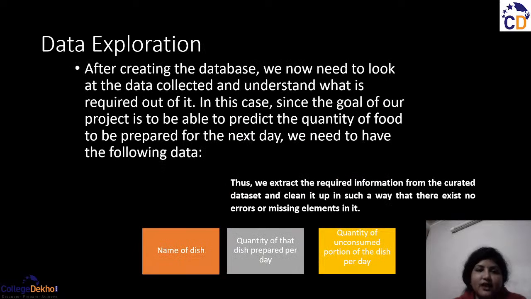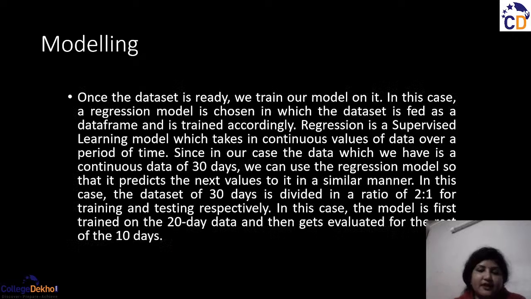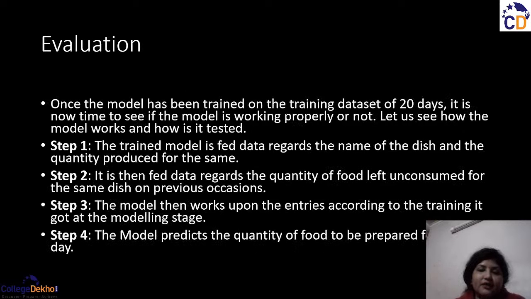After this, we have exploration, in which we basically clean the data and visualize that data. Once we have visualized the data, we apply the modeling techniques for training the model. Once we train the model, we evaluate it with different evaluation methods, right?